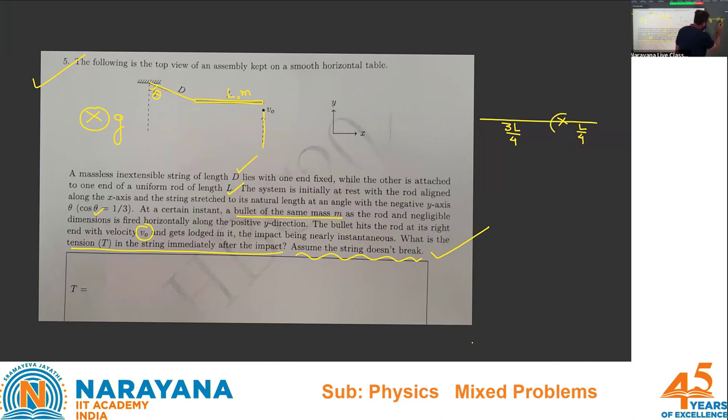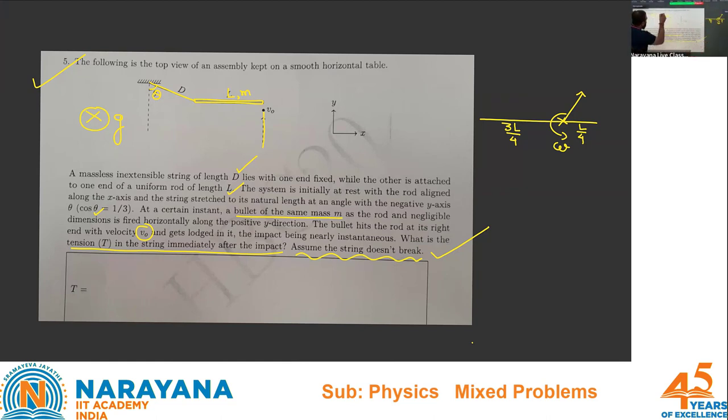Other than attaining an angular velocity omega about the new center of mass, the combined center of mass also seems to have some velocity, which I am deliberately breaking into two directions. The problem involves a constraint relation also, so we have to be careful in the choice of our axis.